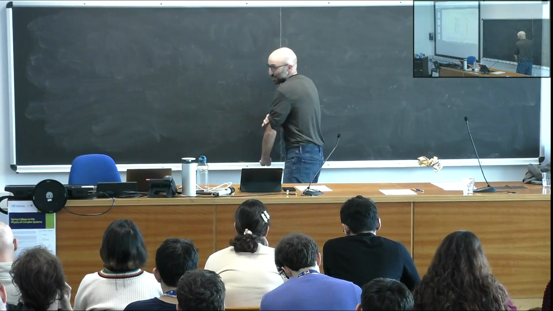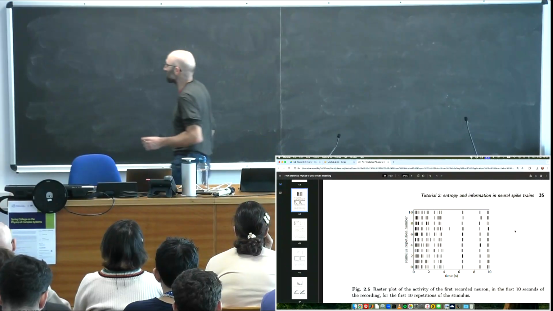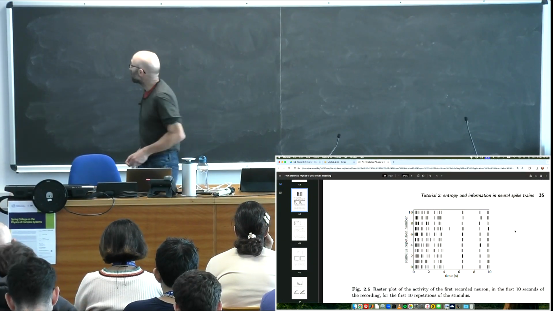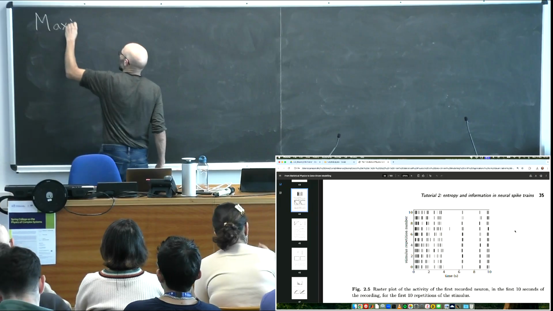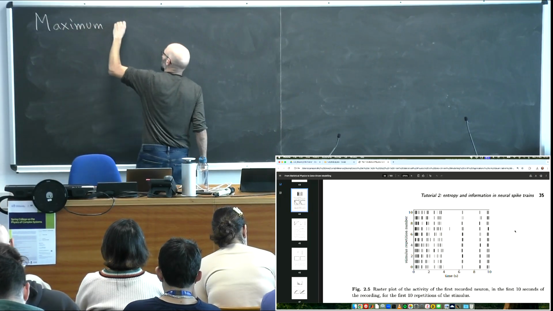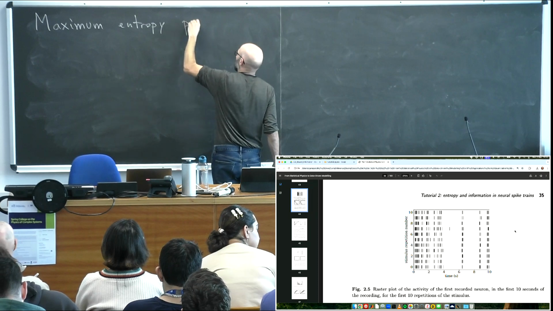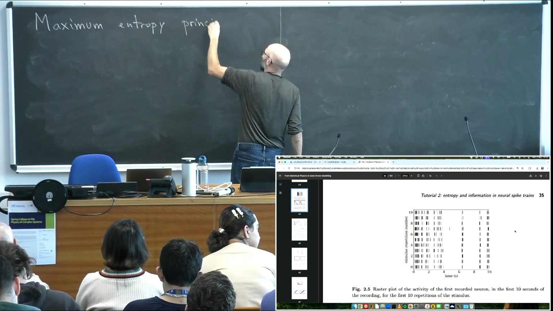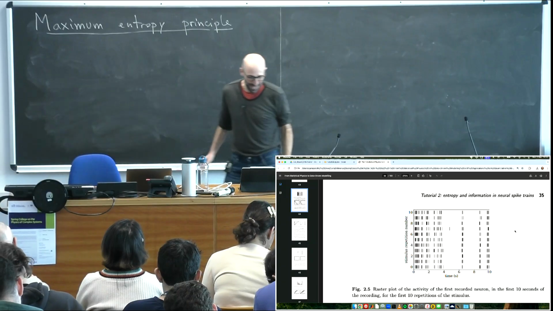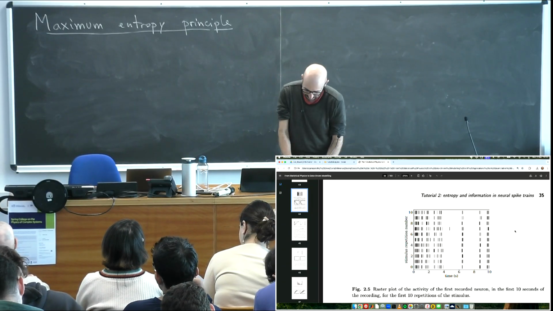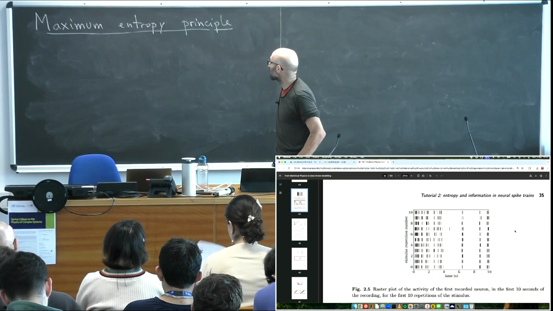as a first example of an inference method, we can study the maximum entropy principle. Probably you have already used it, but we can revisit it and see how it works.